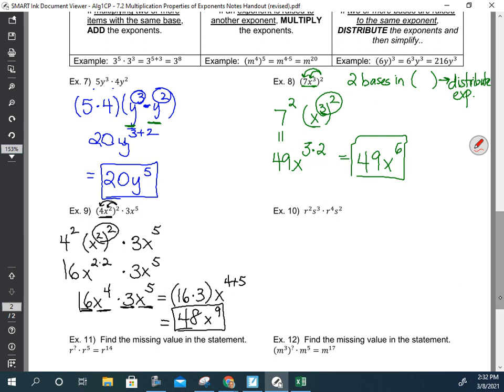How many different letters do you see? 2 different letters. R's and S's. So R's are going to go with R's, and S's are going to go with S's.